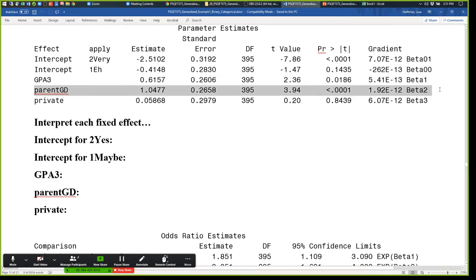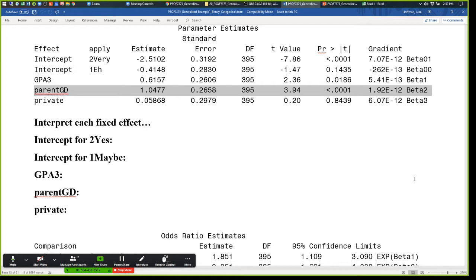How about this one? So for every 1 unit change in x, that in this case is a graduate degree. For people whose parents have a graduate degree, the logit of whatever's higher goes up significantly by 1.